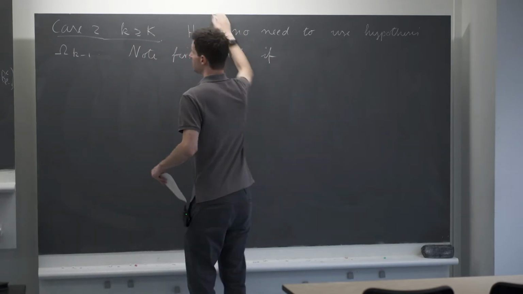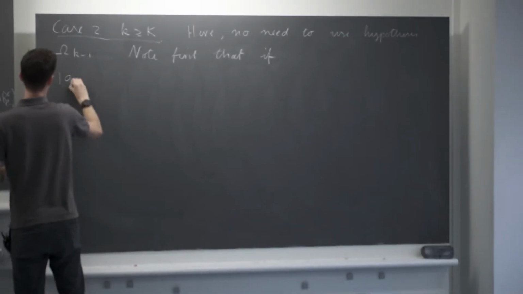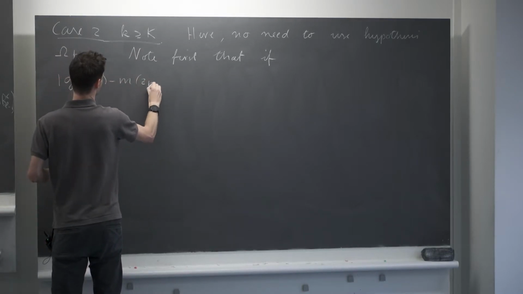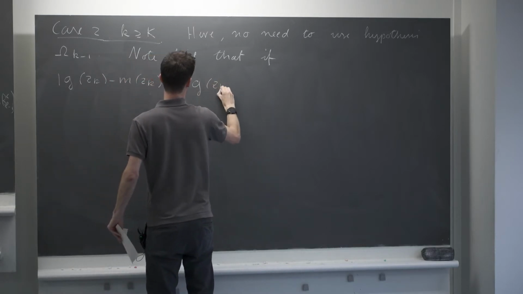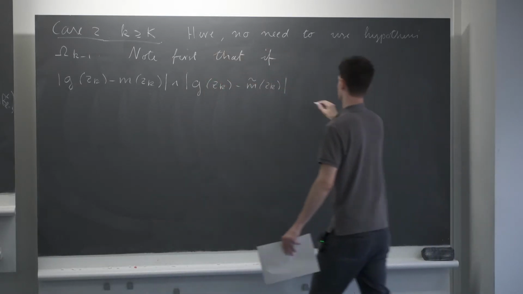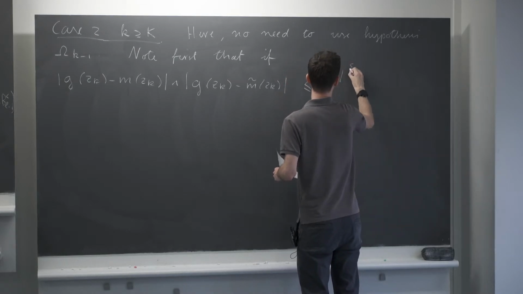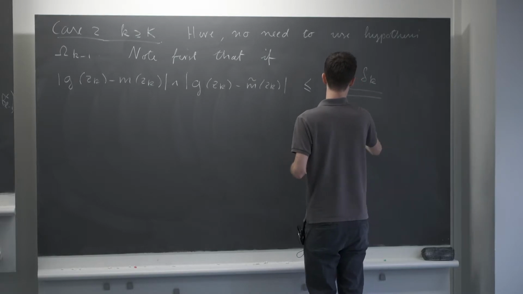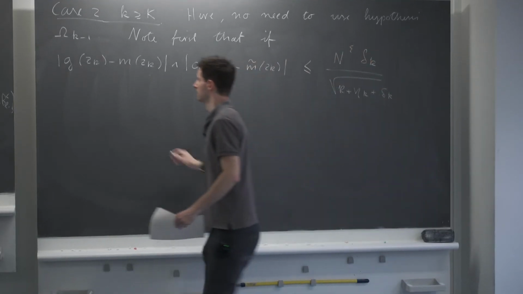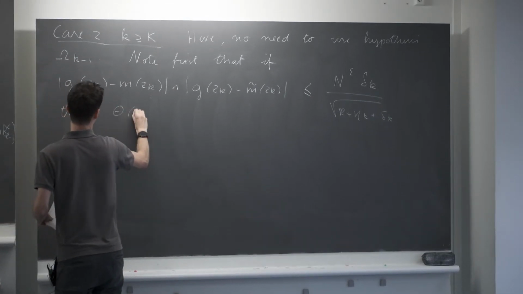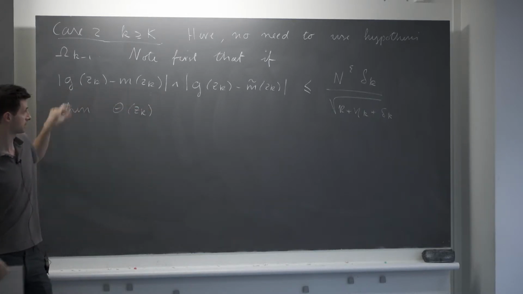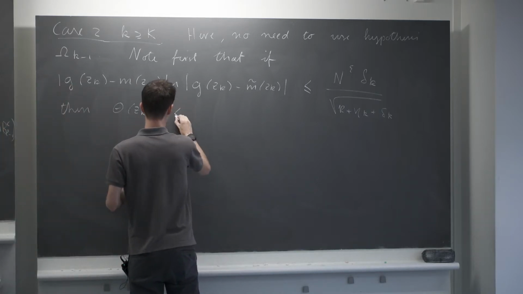If I have this bound, that I will prove, in fact, just as I proved it before, if I know that the minimum of these two distances is bounded by this error, which is the same as before, then theta at z_k, which is nothing but the first one of these two things, is less than or equal to.